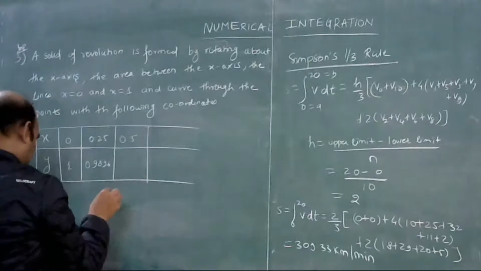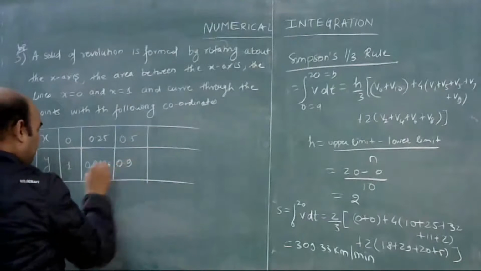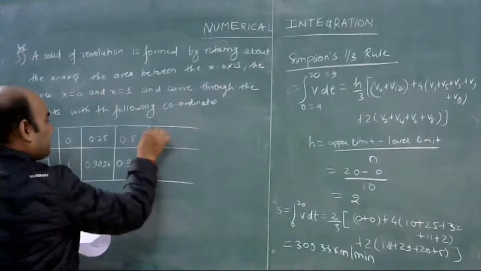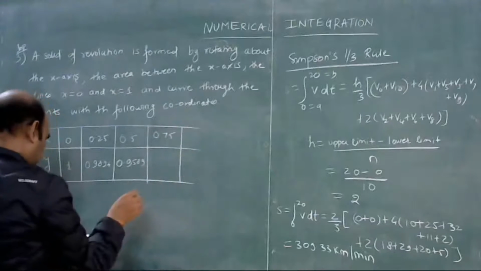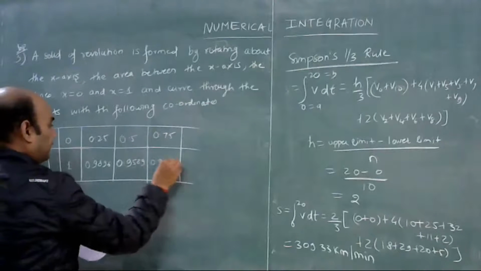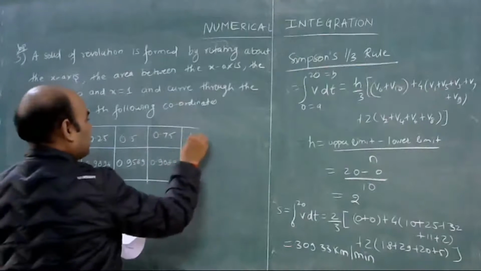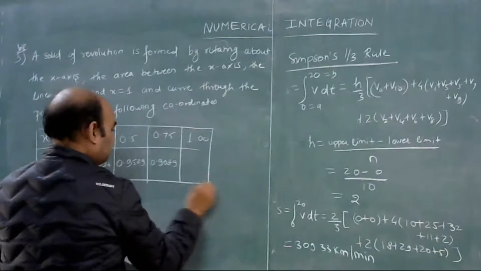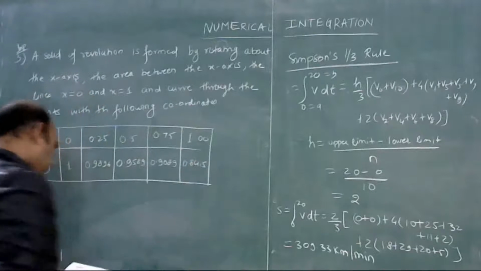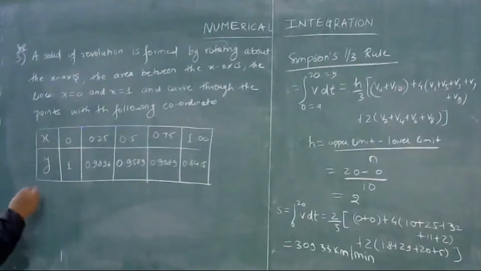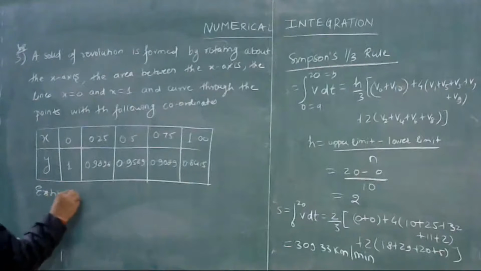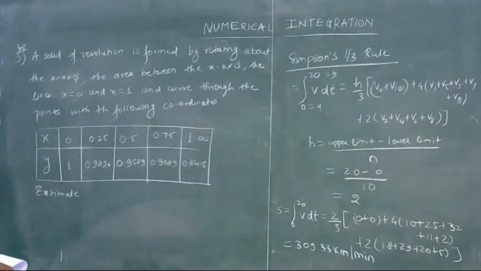At 0.5, value of y is 0.9589. At 0.75, 0.9089. At 1.00, 0.8415. Okay. So estimate the volume.